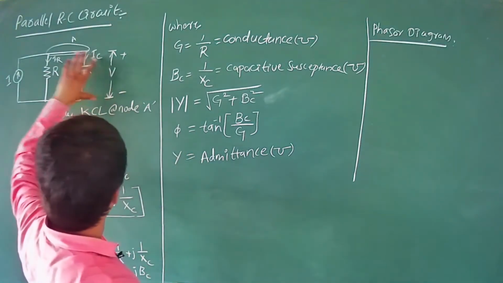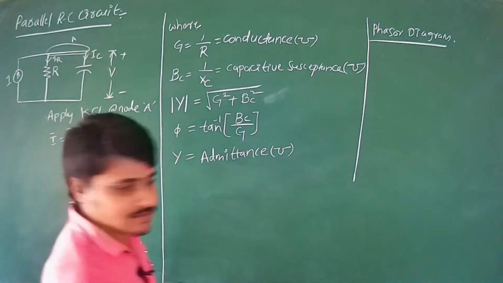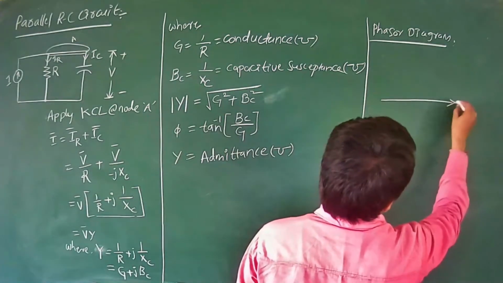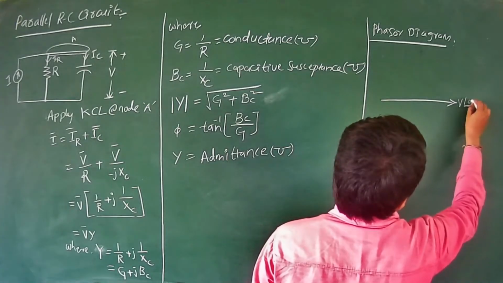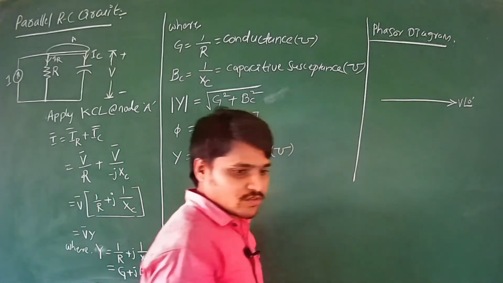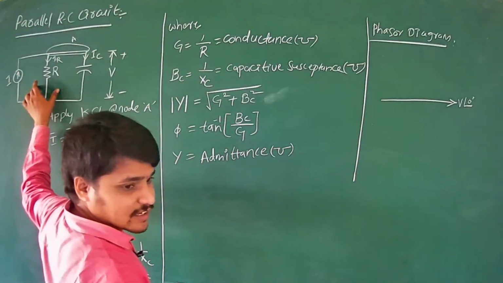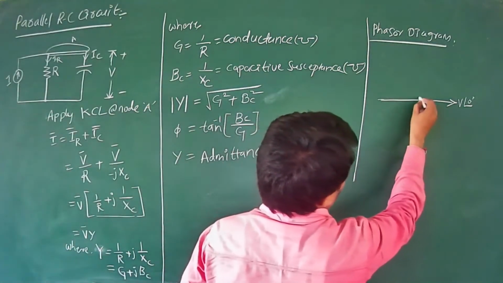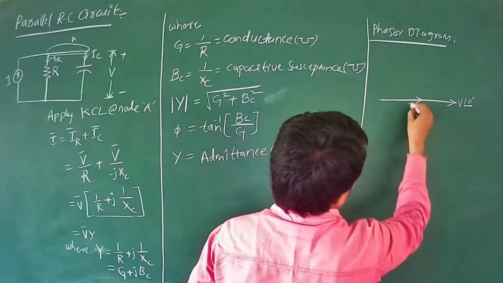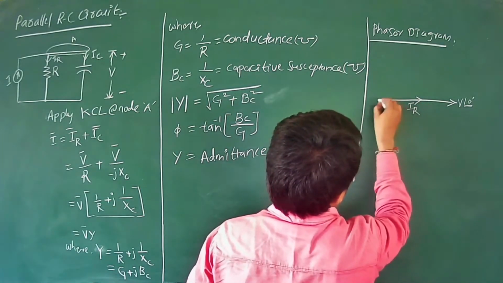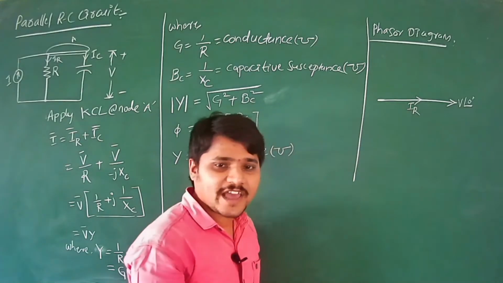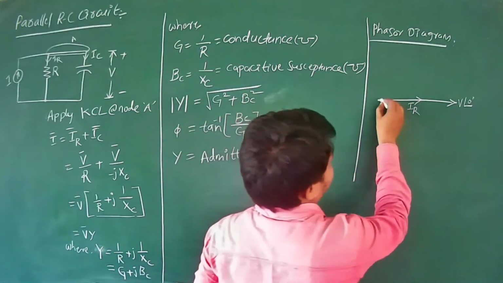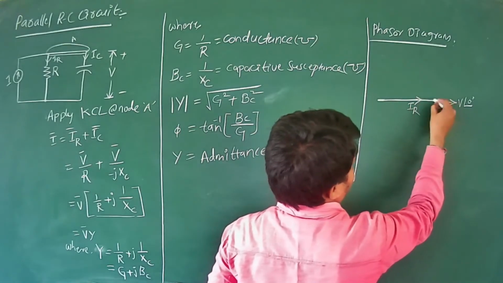In a parallel circuit, the voltage is constant, therefore I am taking the voltage as the reference. For the resistor, the current and voltage are in phase, so this is the current IR. In phase means the angle between voltage and current is 0, so the phasors overlap.